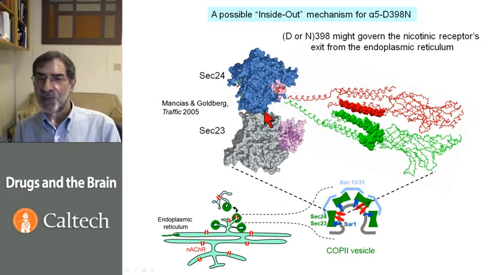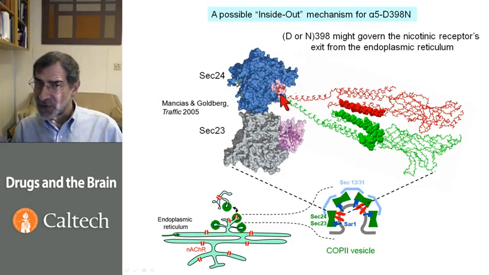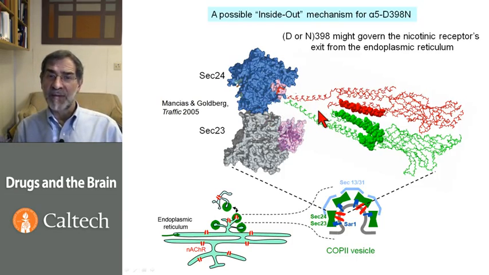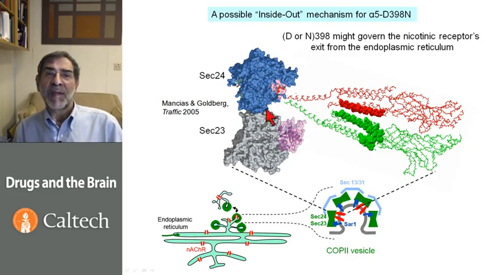If we expand it, again, the structure is not known, but another hypothesis is that this region of the receptor is in approximately the right place to interact with the proteins that export nicotinic receptors from the endoplasmic reticulum, putting it in a crucial area for the inside-out mechanism.